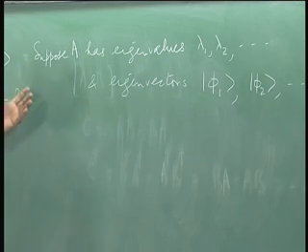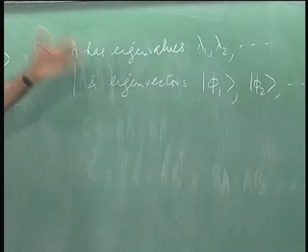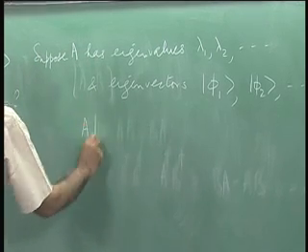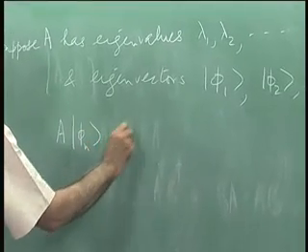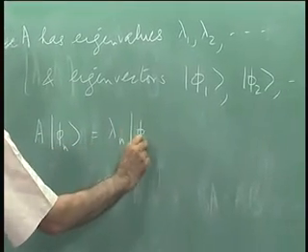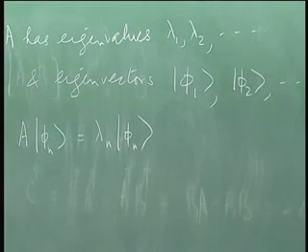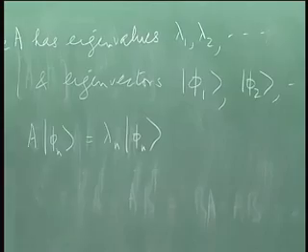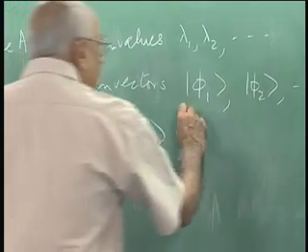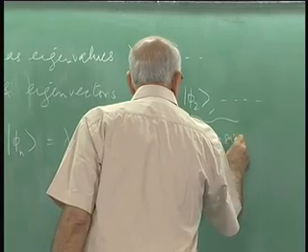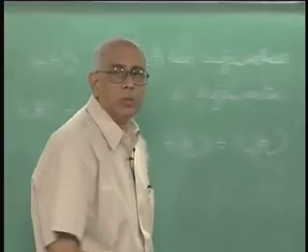It is a Hermitian operator or a self-adjoint operator. It has these eigenvalues and these eigenvectors. In other words, A acting on phi n is lambda n times phi n. And these form a basis. They form an orthonormal basis.